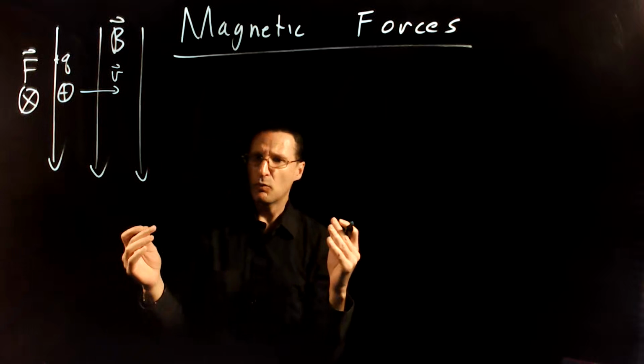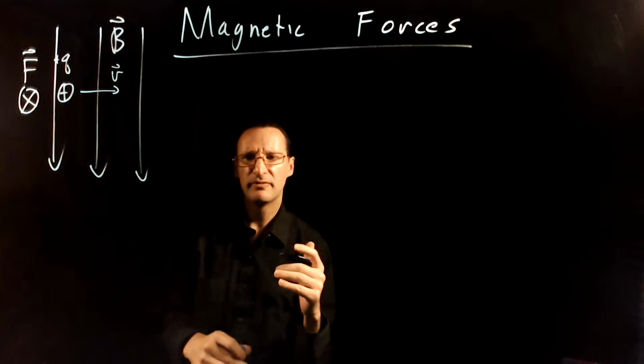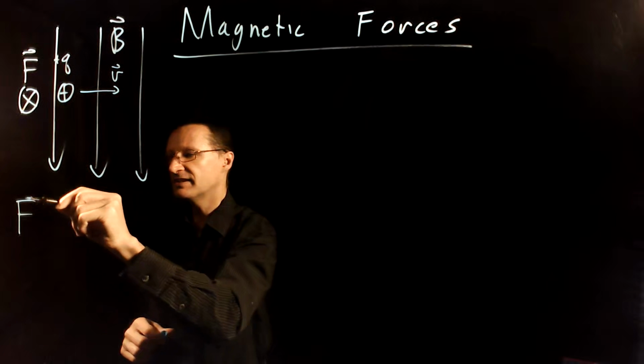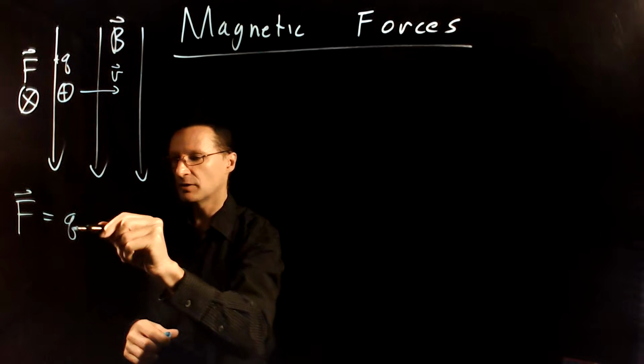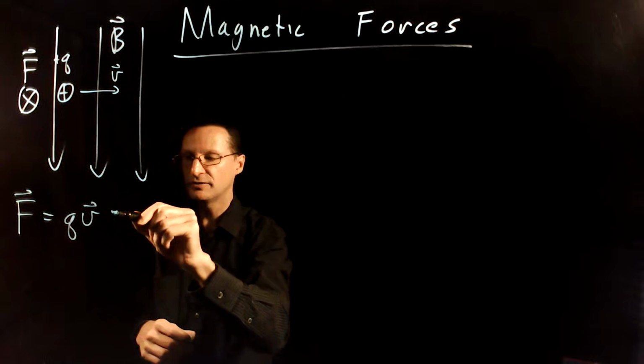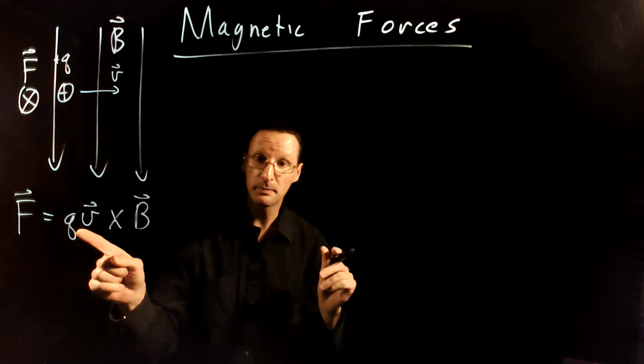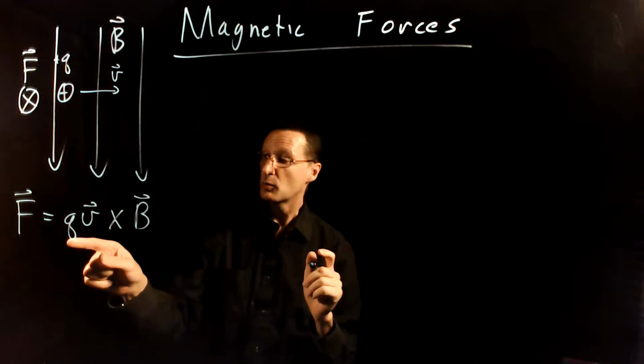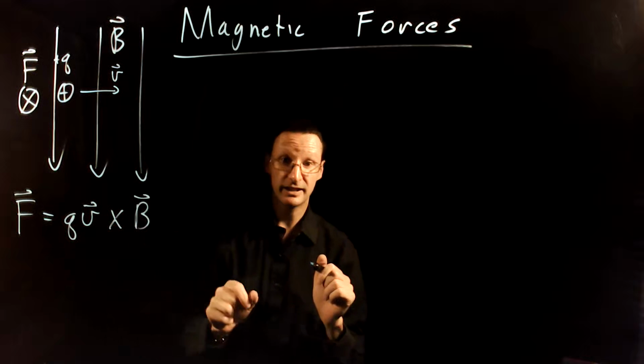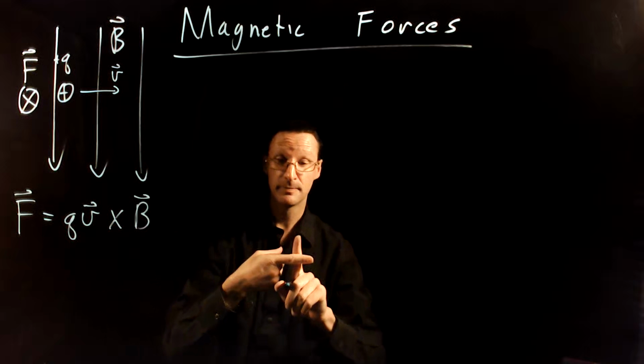And in fact, if you think, well, this seems familiar, it seems like we've done something like this before. In fact, it is a cross product. So it's the cross product of QV and the magnetic field. And so if you recall properties of the cross product, we're multiplying parts of these two vectors that are perpendicular to each other.